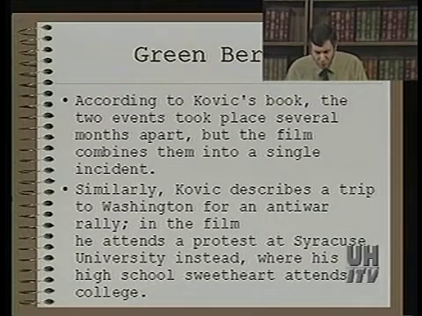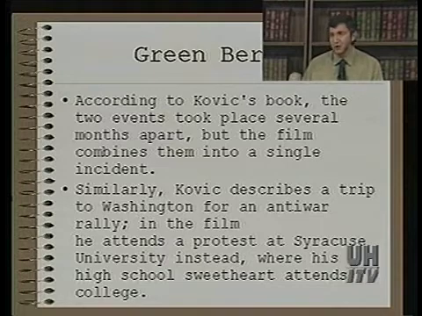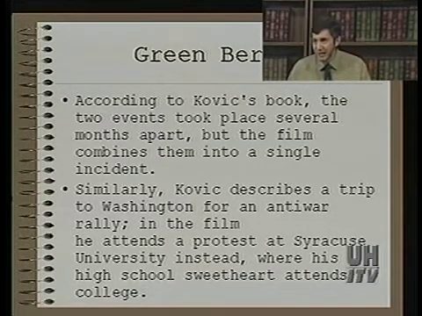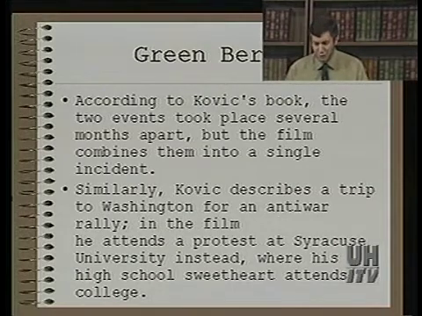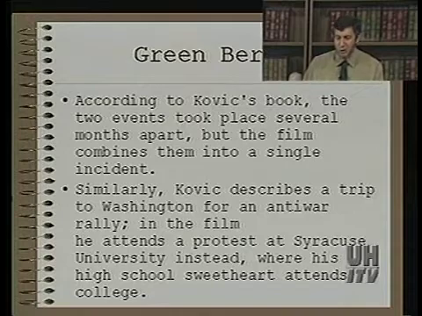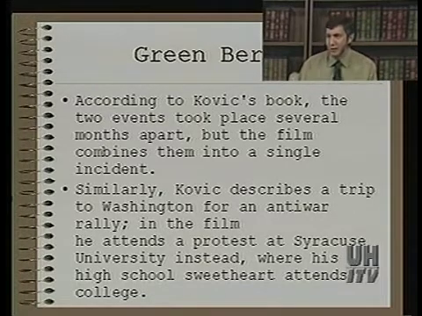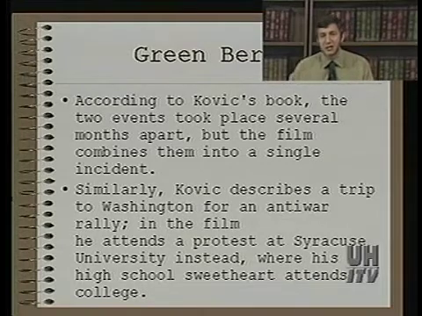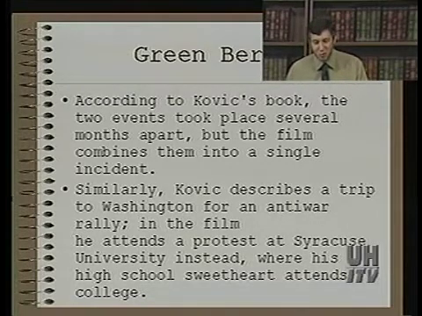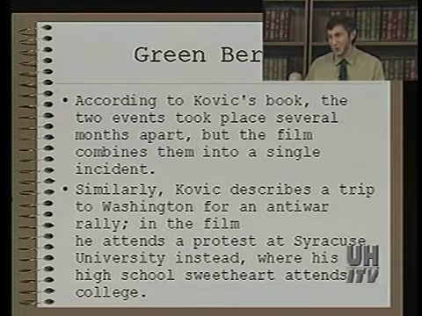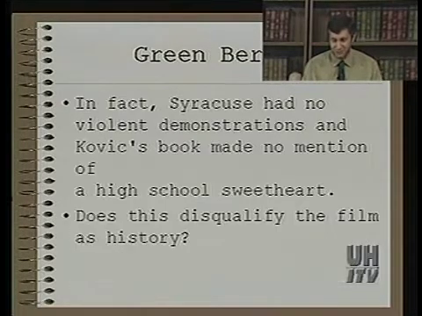According to Kovic's book, these two events took place several months apart, but the film combines them into one episode. Similarly, Kovic describes a trip to an anti-war rally in Washington, D.C. In the film, he attends a protest at Syracuse University instead, where his high school sweetheart goes to college.